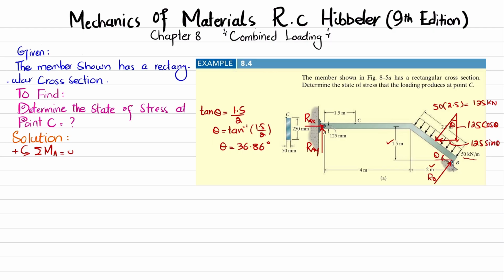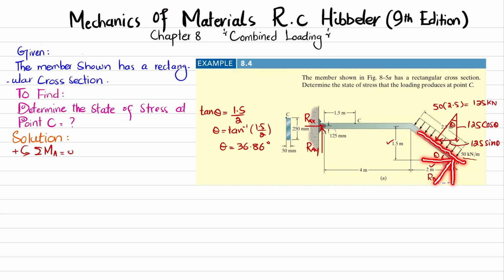Same is the case for RB. RB will have two components. One component along x direction, that will be this one. This will be equal to RBX, and other component will be vertical component, that will be RBY. So if I draw it like this, now you can see that this RB is perpendicular to this, and this vertical component is perpendicular to this.